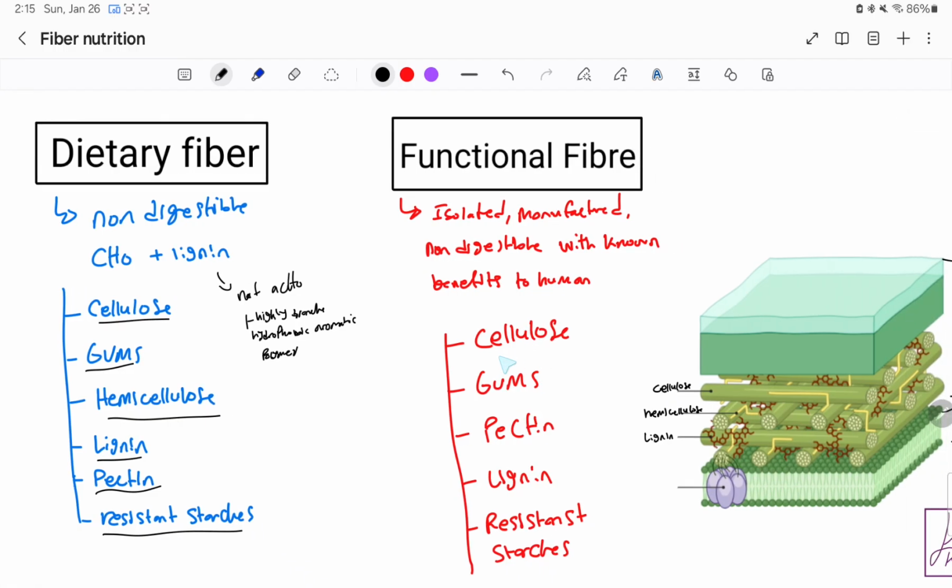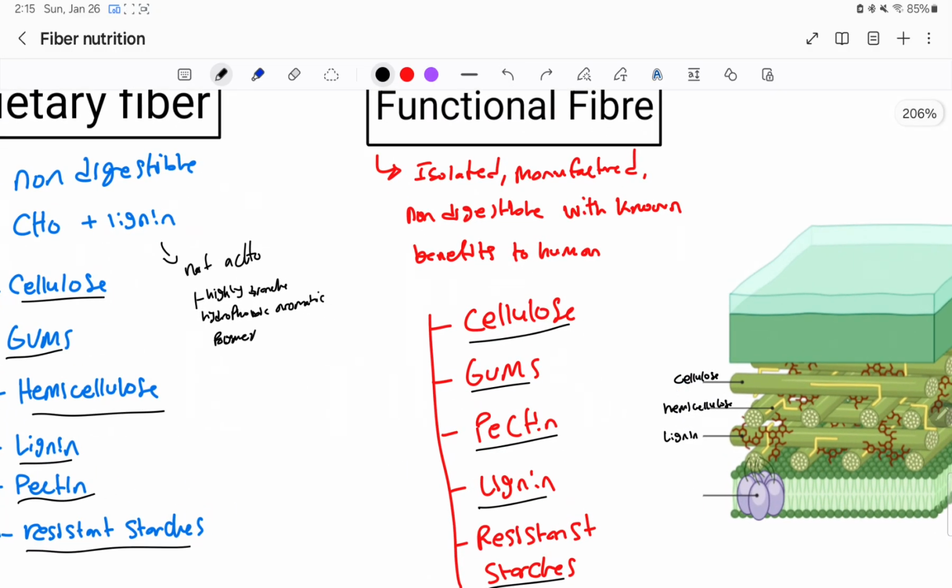Functional fiber again includes things like cellulose, gums, pectins, lignin, and again, some resistant starches. So you can see that all of the ones in dietary fiber, excluding hemicellulose, have some sort of functional role within the actual body. They're known to have benefits.